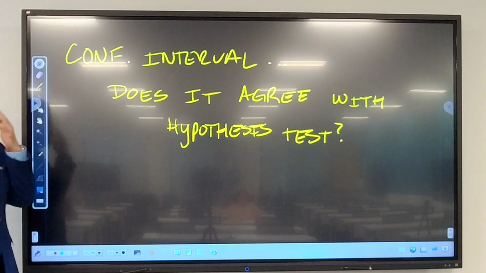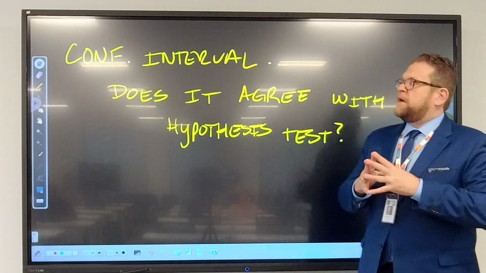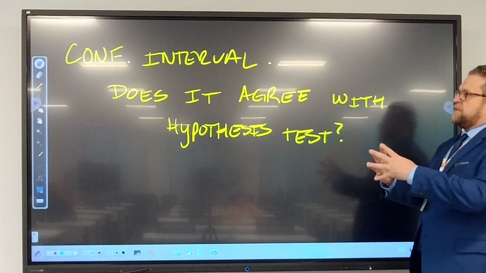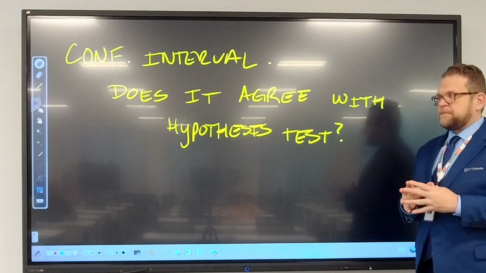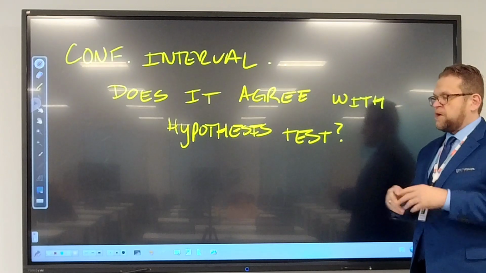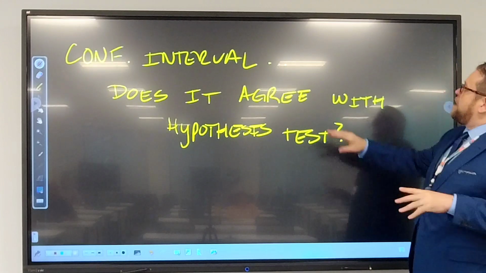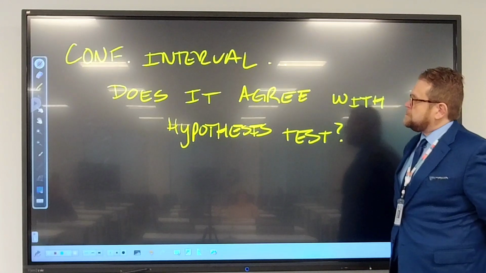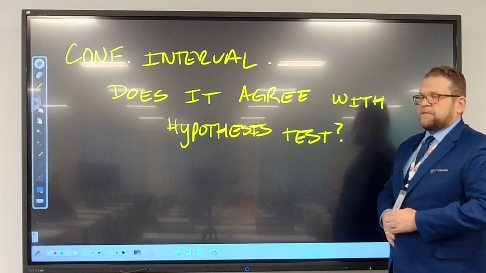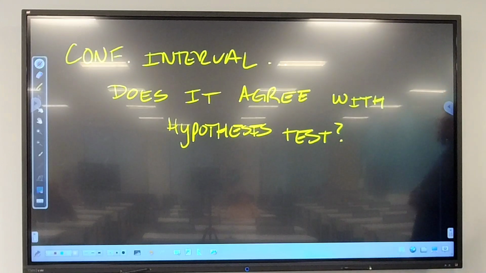Now, I want you to suppose that we had conducted our hypothesis test and we had done everything correctly. All the computations are correct, we got all the correct numbers. And then suppose that we did our confidence interval, did everything correct, got all the correct numbers, no errors anywhere in our computations.